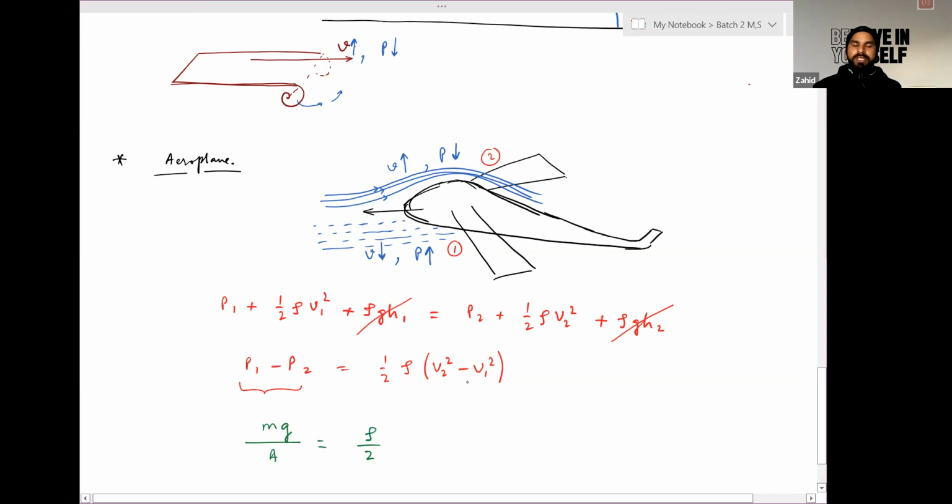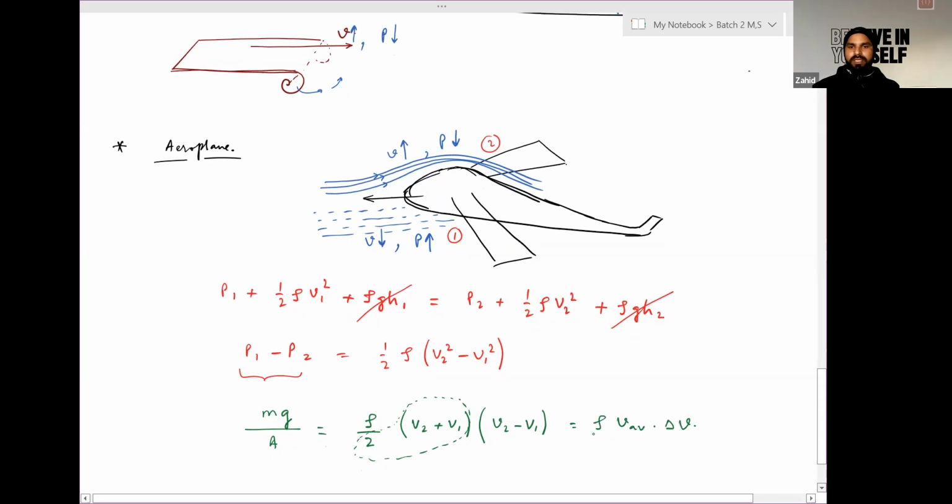We can write V2 square minus V1 square as (V2 plus V1) times (V2 minus V1), according to a square minus b square equals (a plus b)(a minus b). Now, (V1 plus V2) divided by 2 will be the average velocity. So we can write it as V average times delta V.